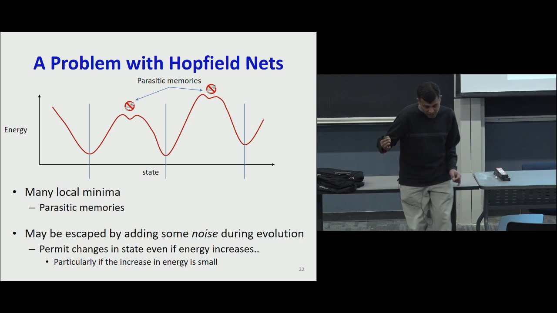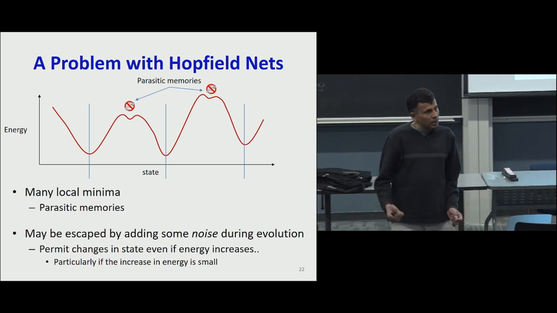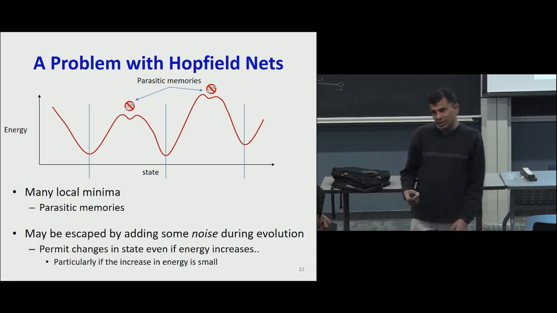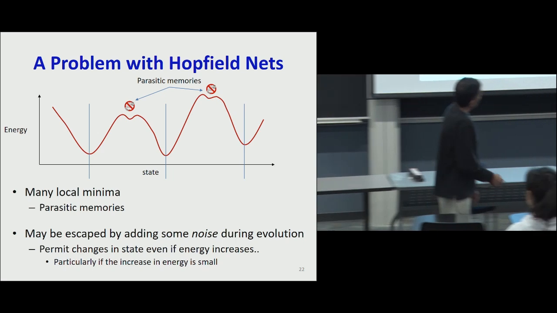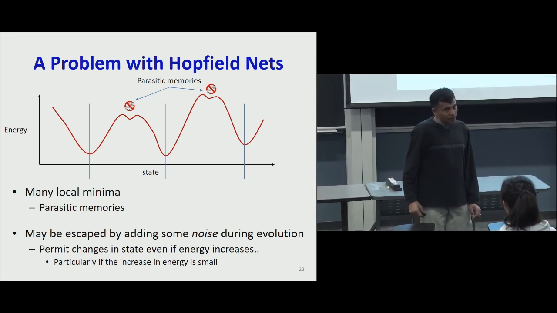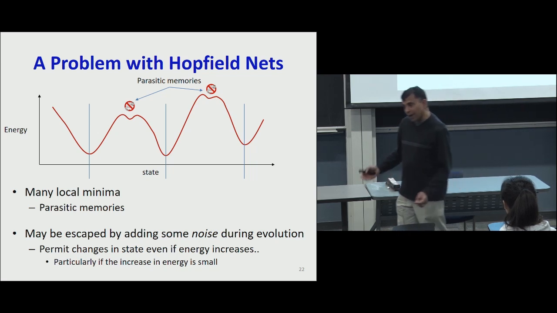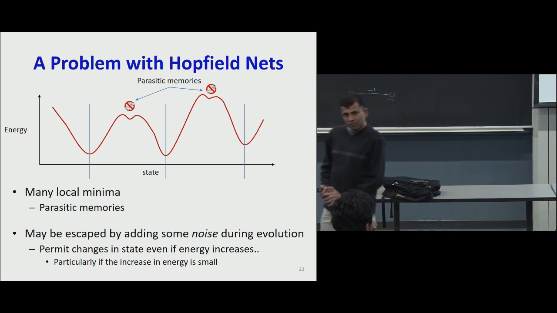But if you're following just a simple energy descent rule, where every modification is guaranteed to decrease the energy, or at least not increase the energy of the system, then if you're out here, there is no way you're going to go into this well. You're always going to end up in this poor local minimum, right?